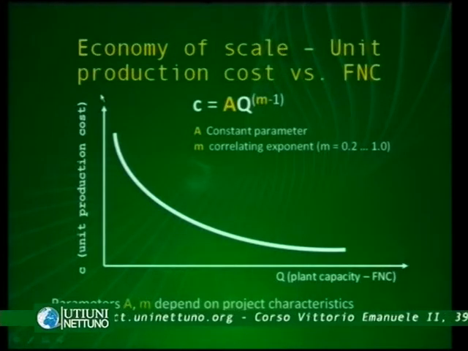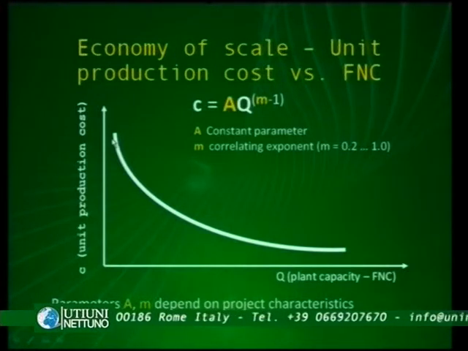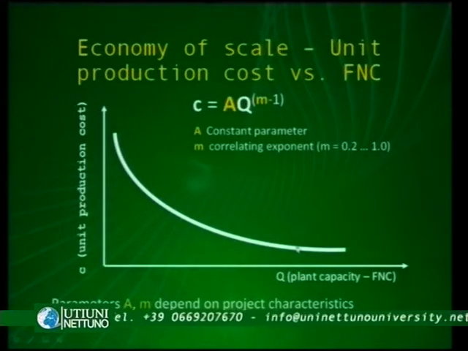And on the vertical axis, the y-axis, we have C, which is the unit production cost. Now, the unit production cost could be represented in a curve of such a shape.